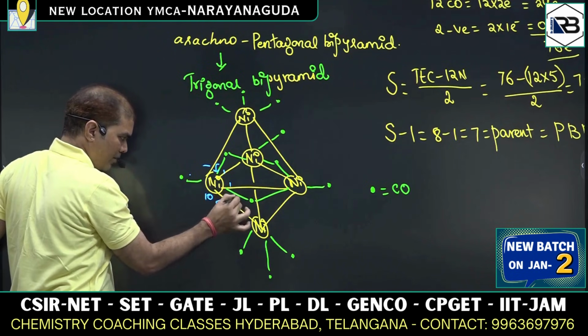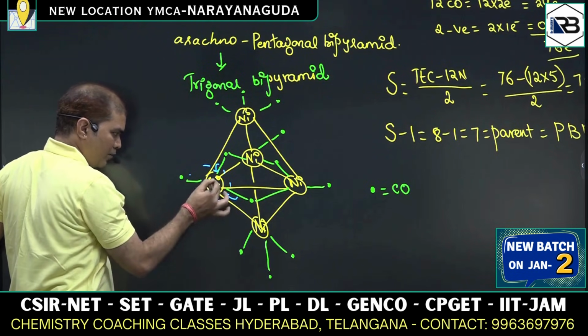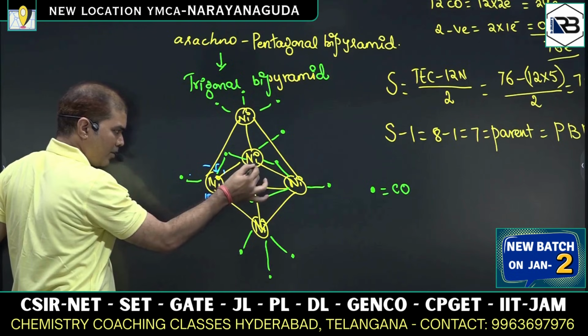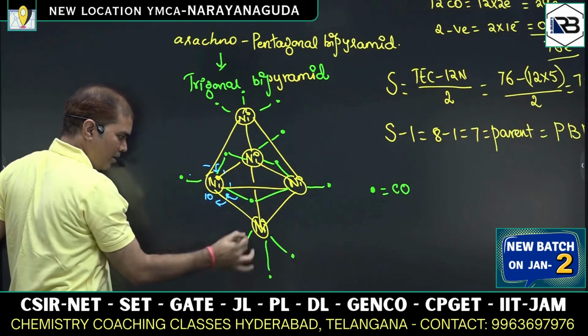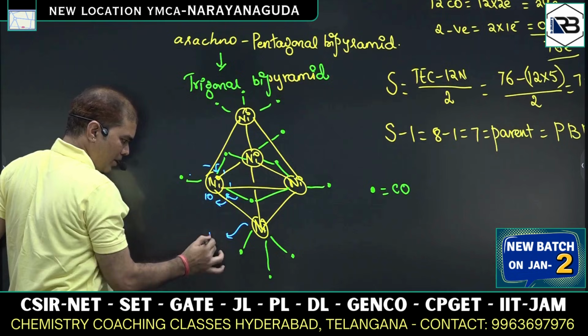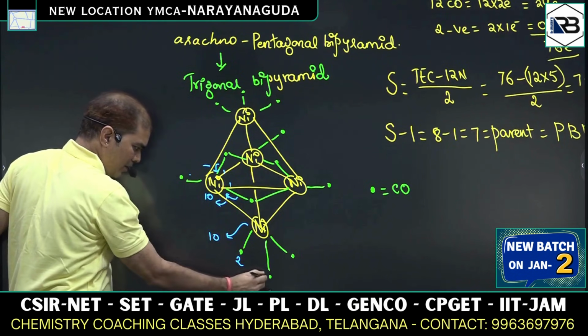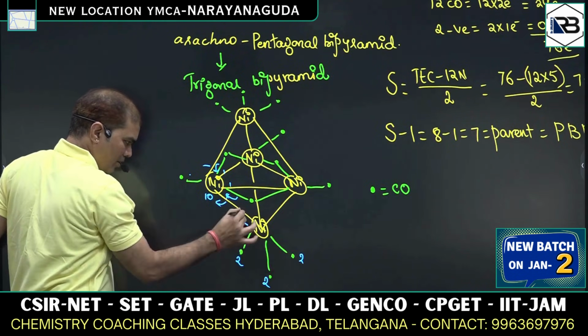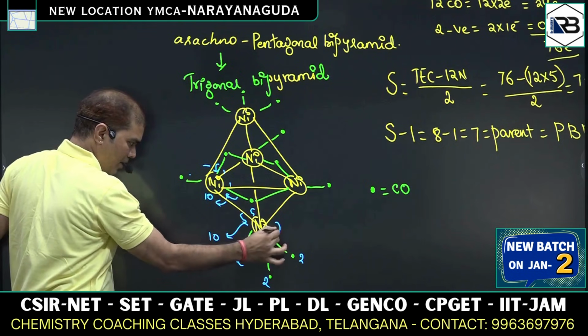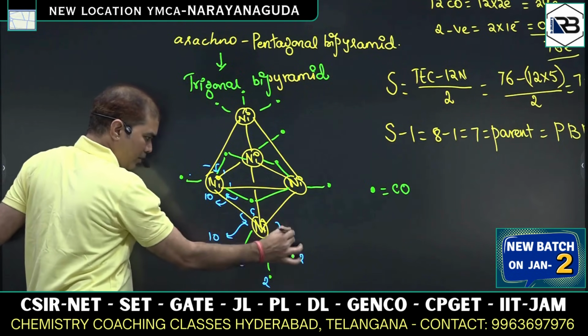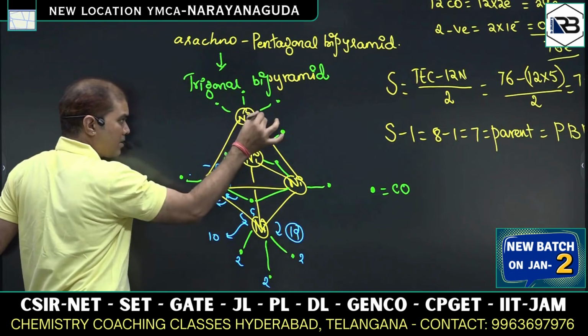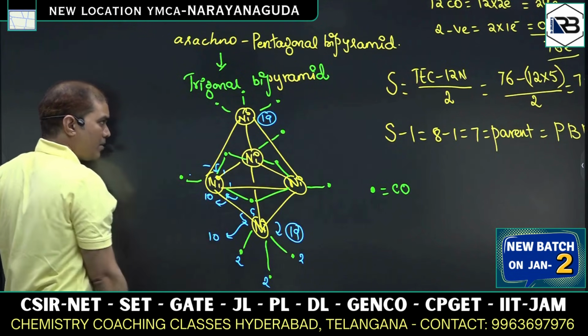Then this should be 17 and this should be 18. So for this nickel it is 18, for this also it will be 18, for this also 18. But look at this nickel: 10, 11, 12, 13, 14, 15, 16, 17, 18 and 19.